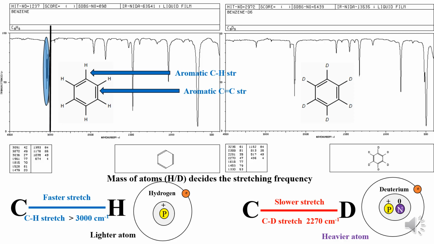And hence the reference line is drawn at around 3000 centimeter inverse. So in case of benzene, you find the presence of only the aromatic CH bond, and hence the absorption peaks corresponding to aromatic CH stretch occur at greater than 3000 centimeter inverse.